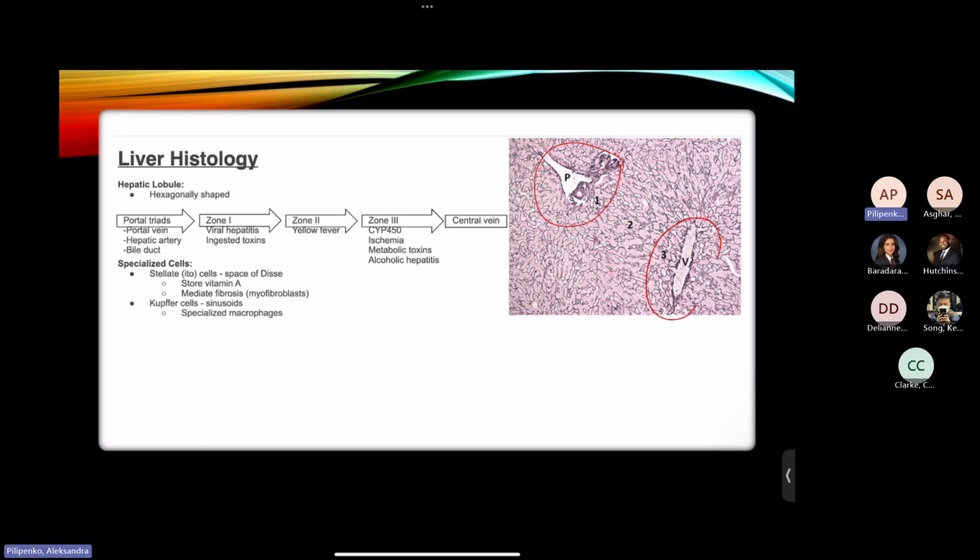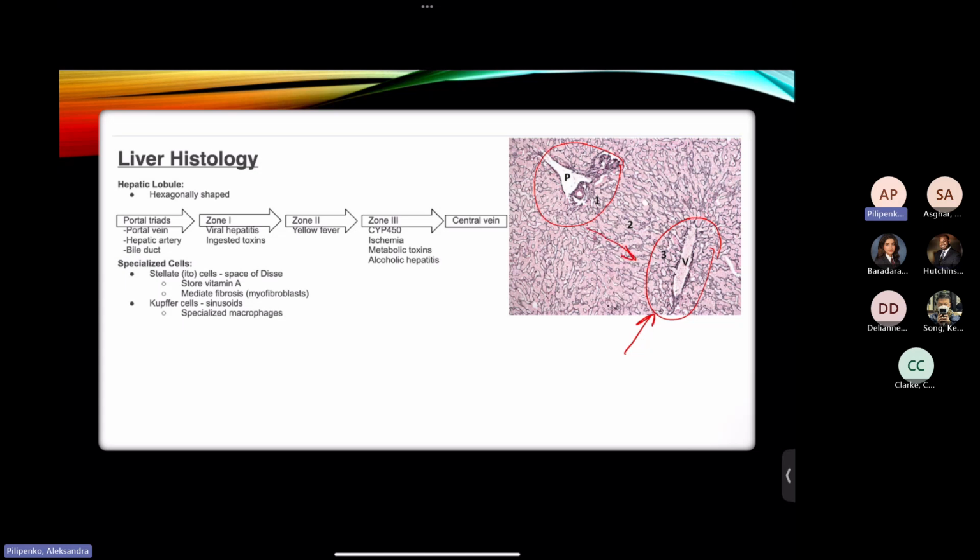And remember the zone 1 would be like a periportal zone. And then zone 2 would be in the middle, and zone 3 the one that surrounds the central vein. And zone 3 is very, very vulnerable zone because we already have less oxygenated blood coming this way.